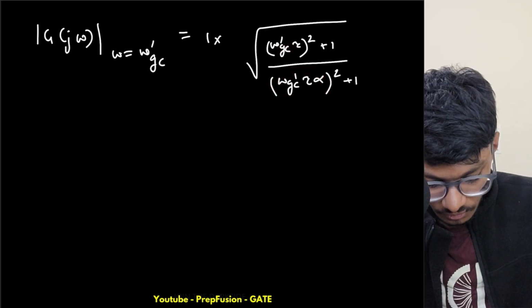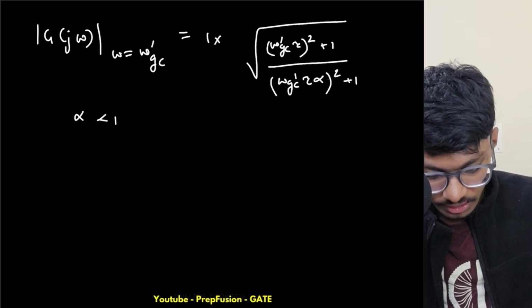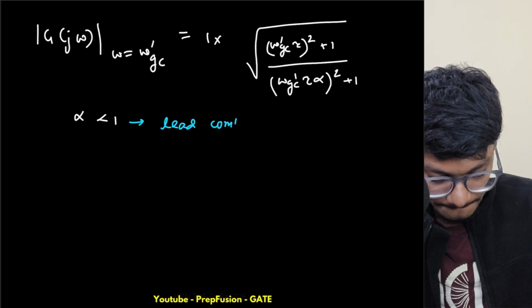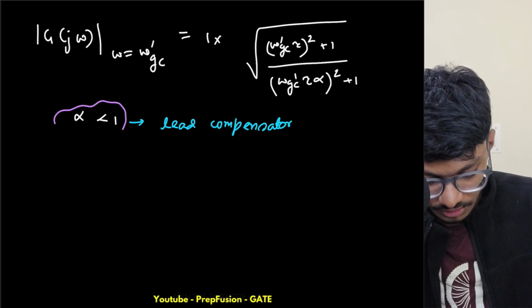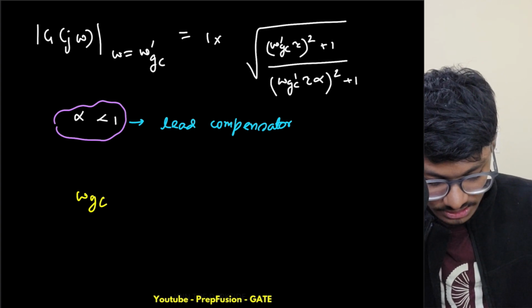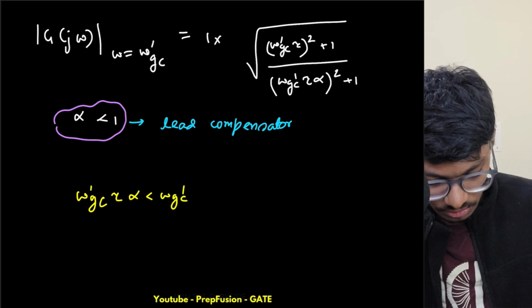So alpha is less than 1 for a lead compensator. Now if alpha is less than 1 for a lead compensator, that means omega gc tau alpha should be less than omega gc dash tau.